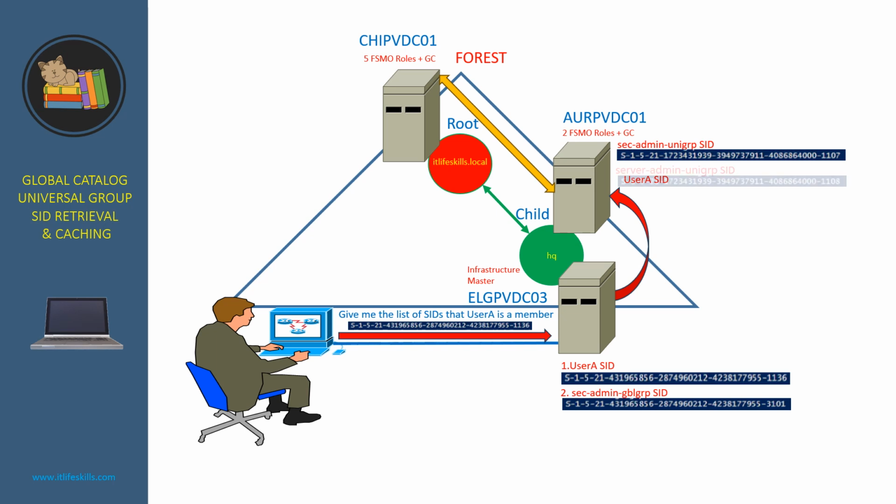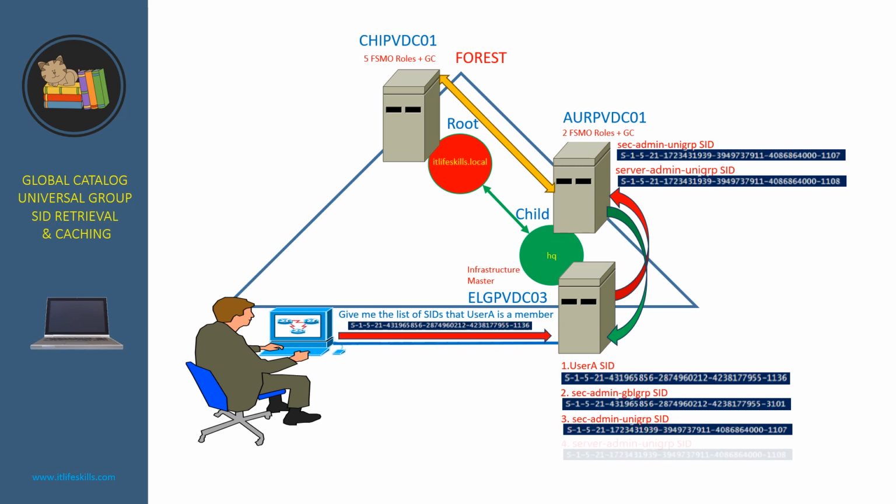It also finds the server admin universal group that has user A as a member. LHPVDC01 then returns the security admin universal group sysid and server admin universal group sysid back to LHPVDC03.